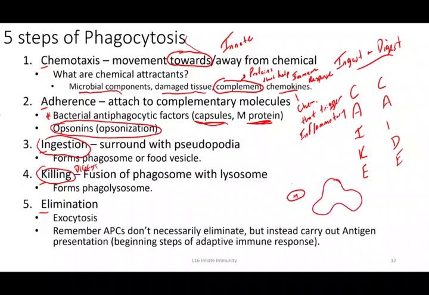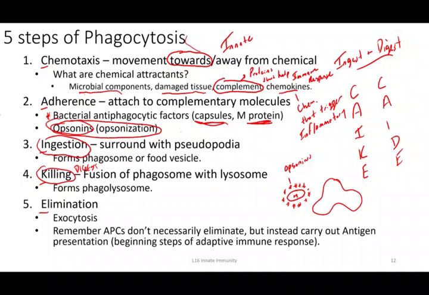We have a way of labeling or tagging it to make it easier for our immune cells to adhere to that particular microorganism. And so those little stars that I'm drawing, their fancy name is opsonins, so there they are.